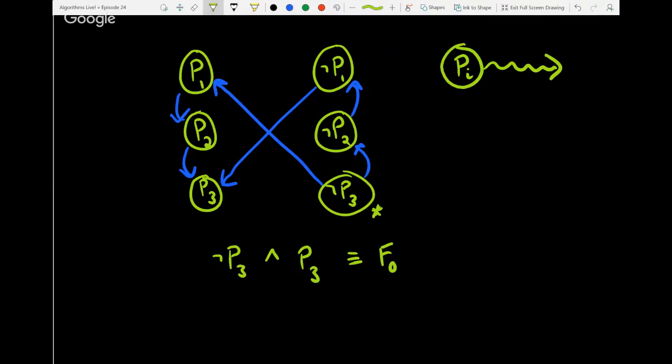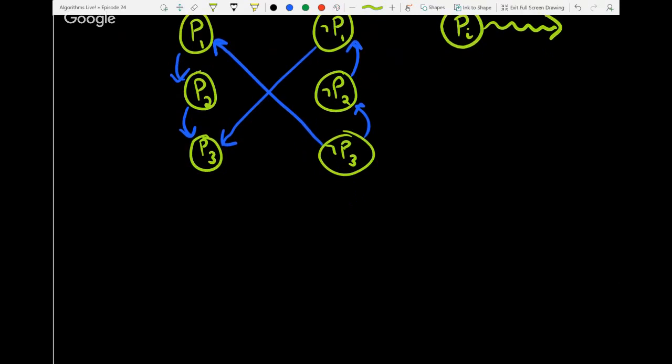So we can't possibly take not P3. That's the kind of cool thing about this implication graph. You could do a depth first search and just figure out what you could reach. So we know right now if we take not P3, then we're going to have a contradiction through this chain of inferences.